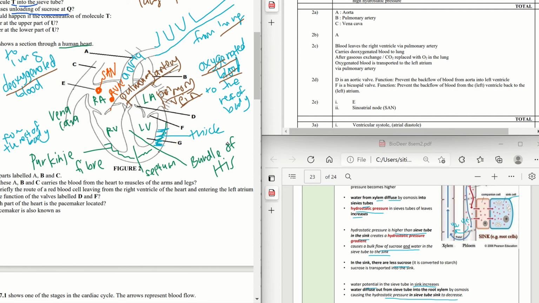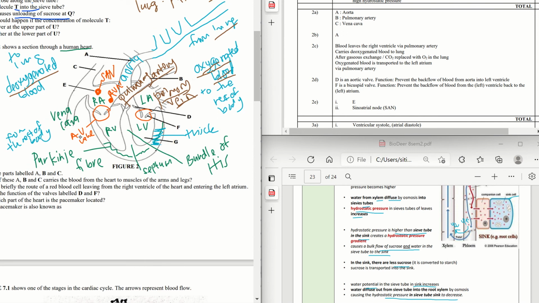Ini adalah AV valve. Ini pun AV valve. Kalau right, nama AV valve dia adalah tricuspid valve. Kalau sini bicuspid valve.